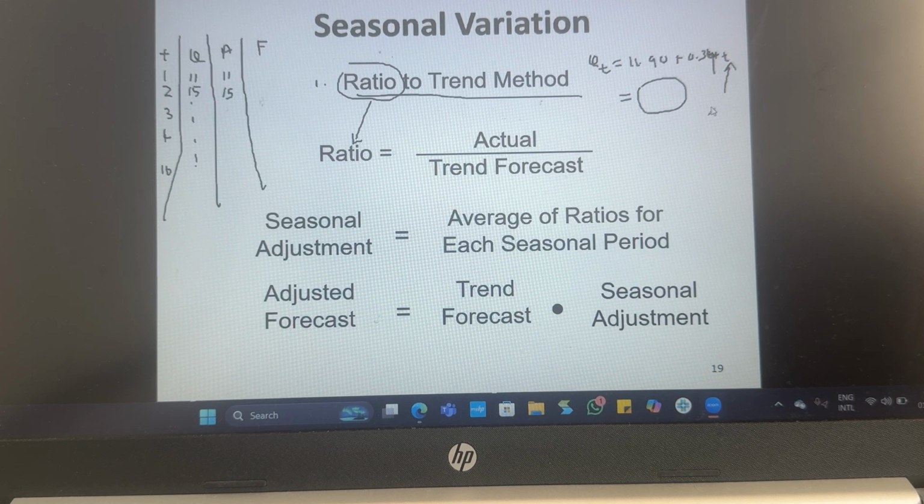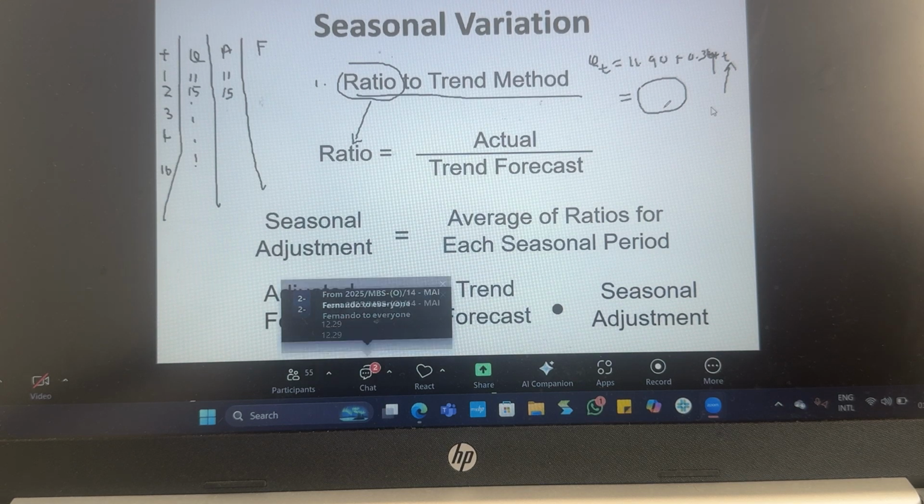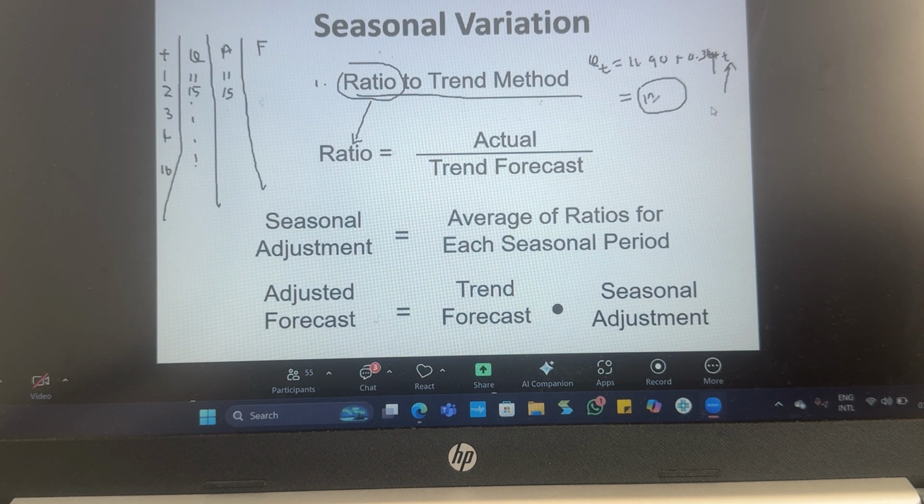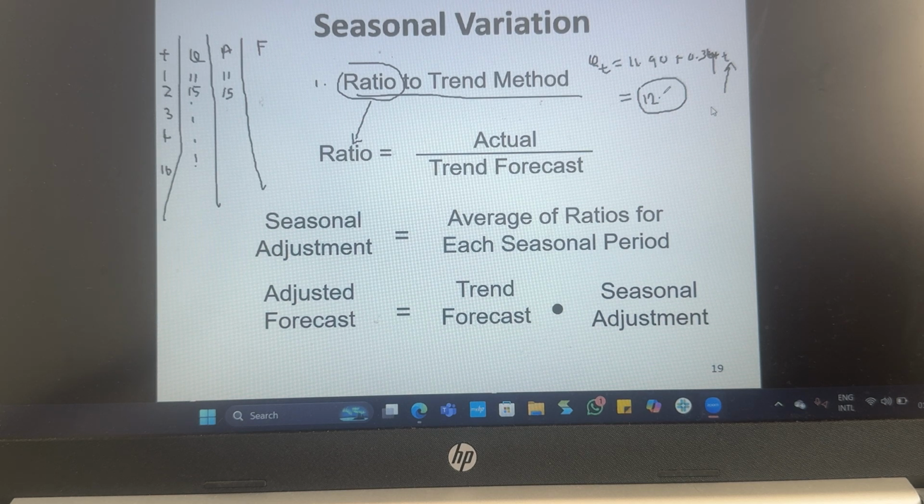Round it up to 2 decimals. You tell me the answer. 12.29. Okay. Others, please tell if anything goes wrong.